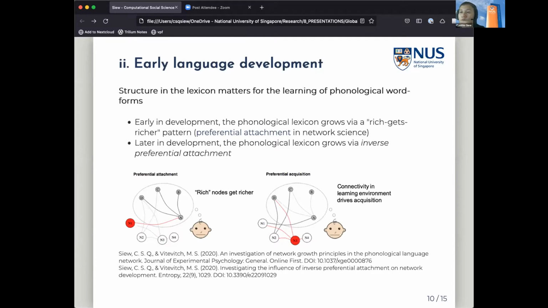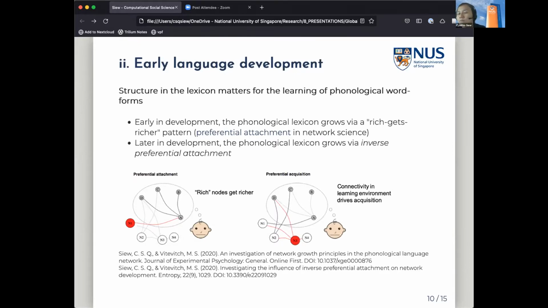We can also model the words that the learner knows and model their internal structure. Very generally, we're trying to see if we can use the network structure of the linguistic environment and the network structure in the learner's head to predict what words they might learn next. And we find that they do predict learning. They predict a trajectory of words that are learned over time that you don't get if you just looked at the individual properties of the words.